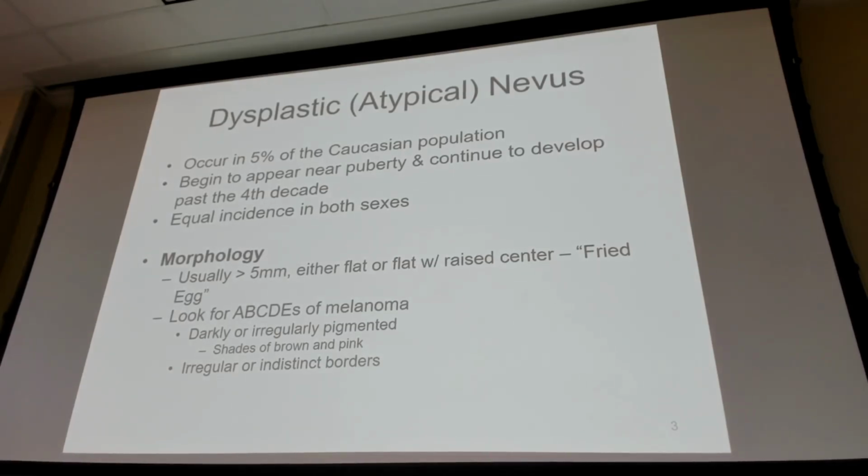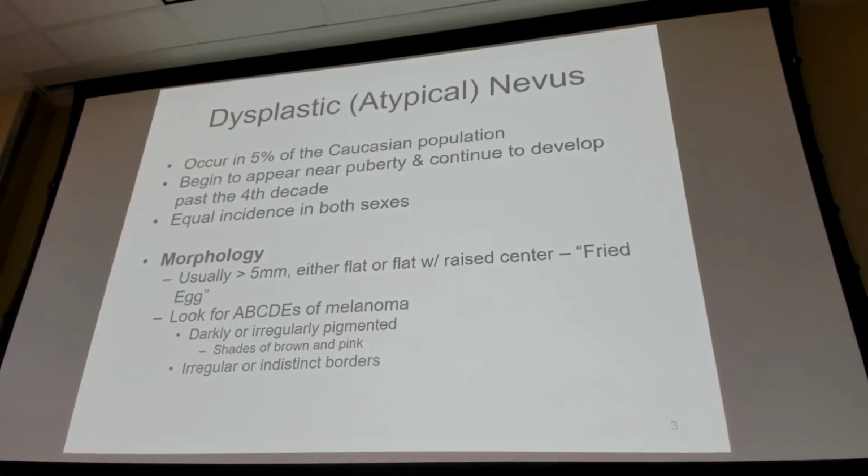It's going to grow, it's going to change, and again, those are all of those ABCDEs that we are going to go over and over that are there for us to recognize these things, okay? Equal incidence in both of the sexes, so it's not just male or female, it can be either one of those, okay? Morphologically, we see that this is usually greater than 5 millimeters.